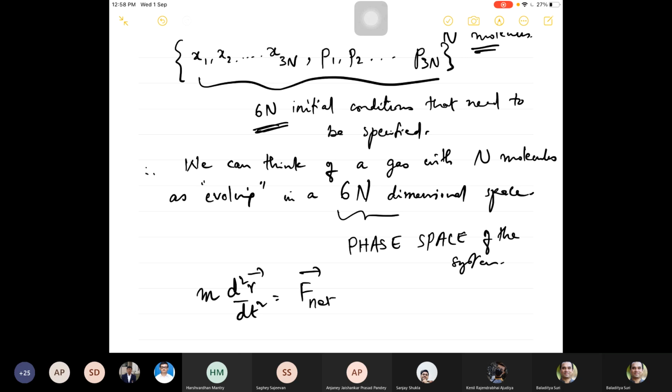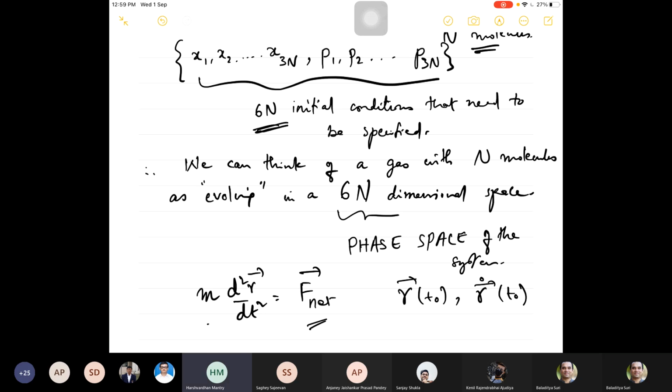If you consider such a Newton's law equation for each particle in this box, to solve this equation, you need to specify r at any time t naught, and r dot at any time t naught. If you have these two pieces of information, assuming we know the forces, you can solve this equation exactly.